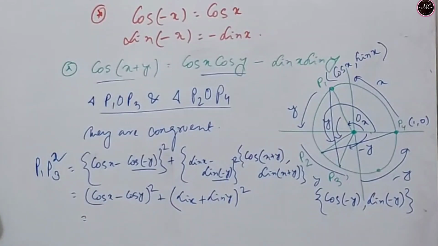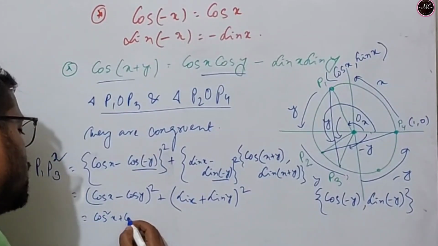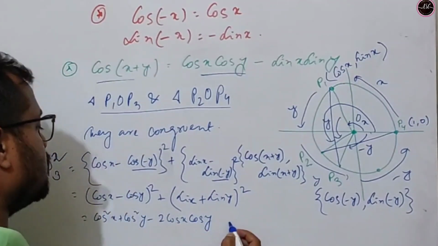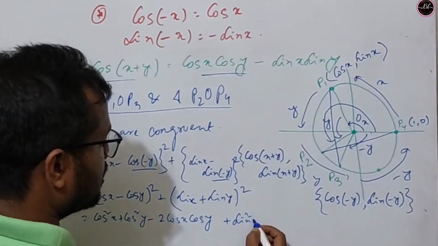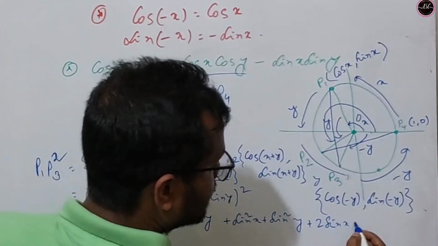So by the formula a minus b whole square, we get cos square x plus cos square y minus 2 cos x cos y. Here we get sin square x plus sin square y plus 2 sin x sin y.